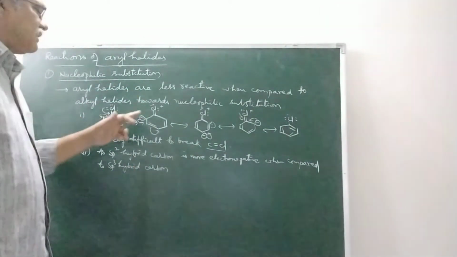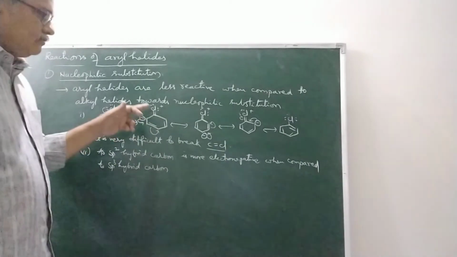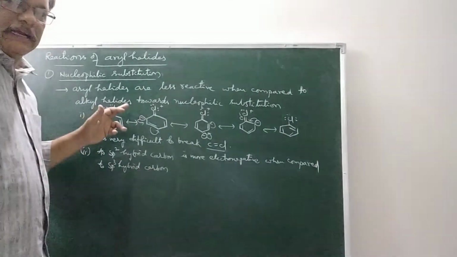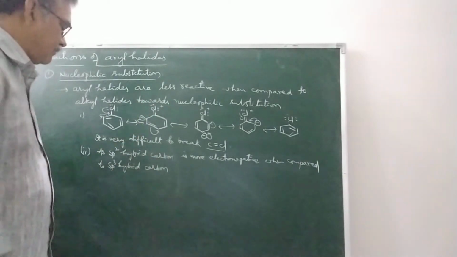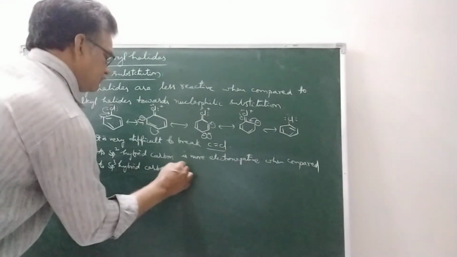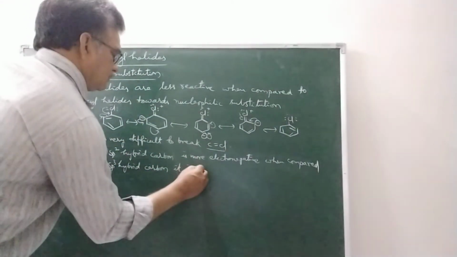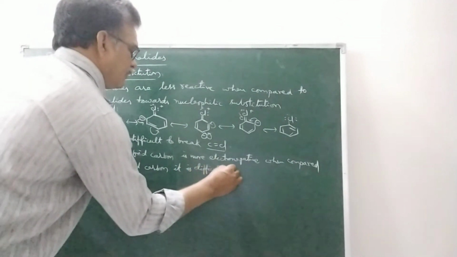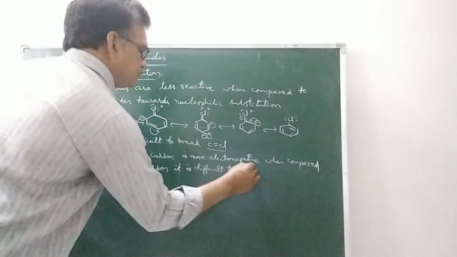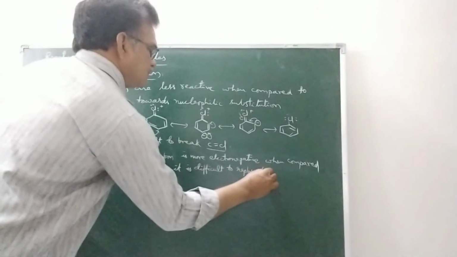When it attracts the electron pair on the halogen atom, it is difficult to replace a halogen.